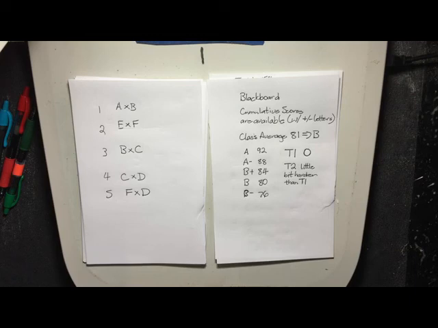So A cross B is what? C. All right. A couple things we need to remember about this course. If I say A cross B, I much prefer that you answer with conviction.